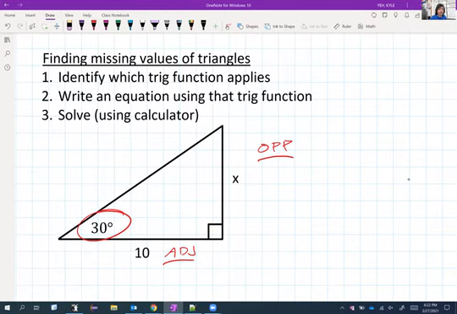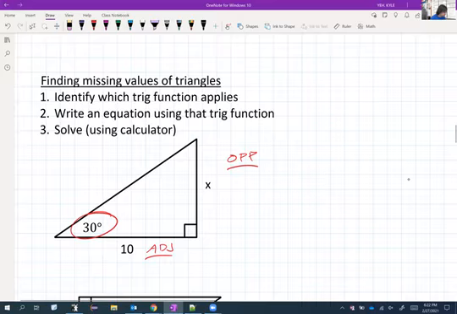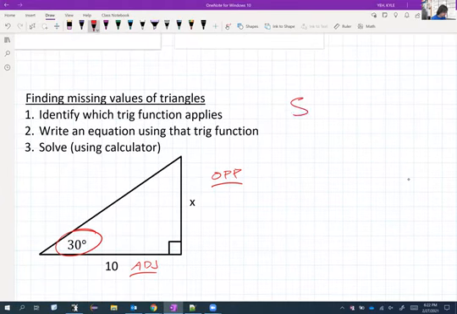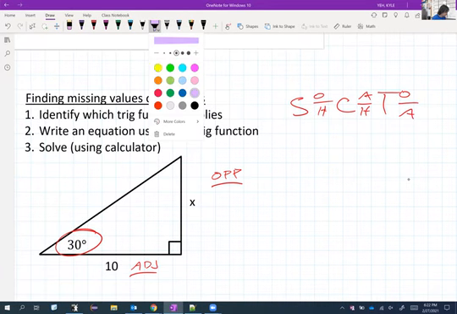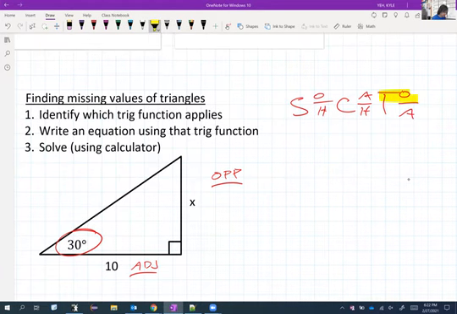With 30 degrees, I'm looking for the opposite, and I have the adjacent. So which of my 3 main trig functions uses the opposite and the adjacent? As you can see, I'm writing out SOHCAHTOA. Opposite, adjacent, that looks like a job for TOA, tangent.